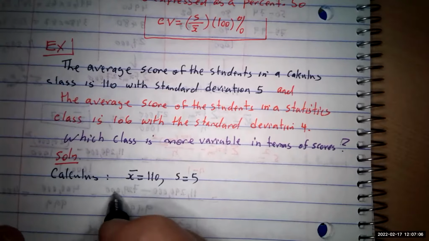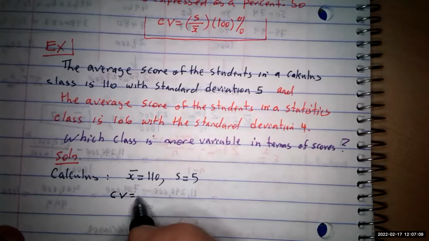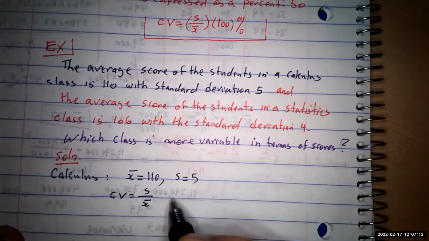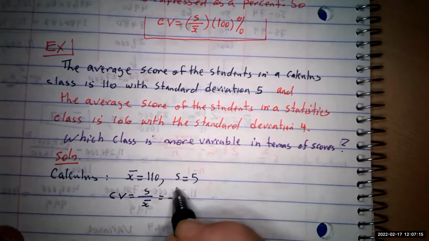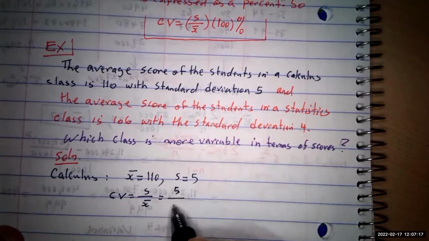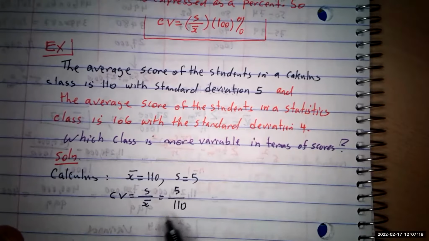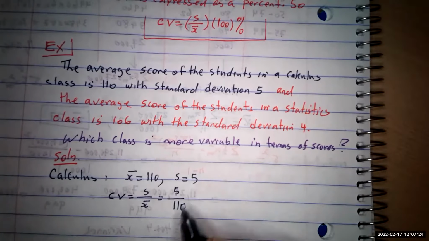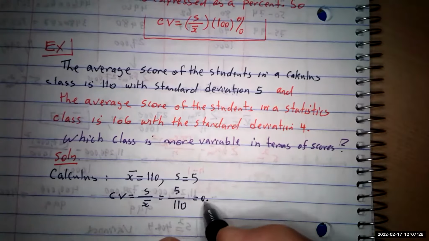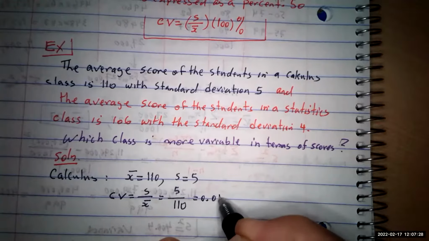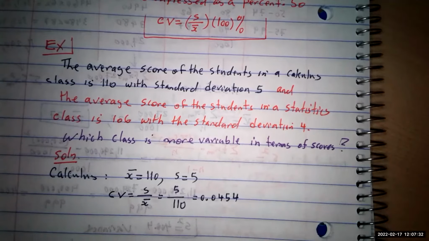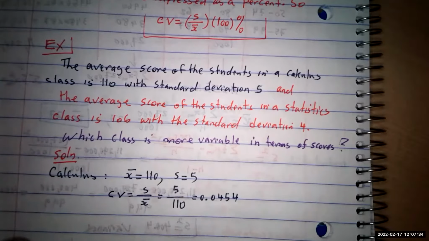The CV is the standard deviation over the mean, so you have 5 on the top over 110. Simplify using your calculator, which is going to be 0.0454. Since you want to change it to percent, four decimal places would be fine.